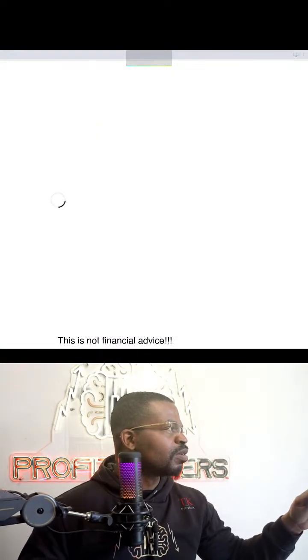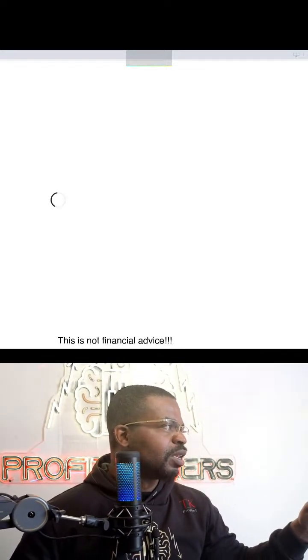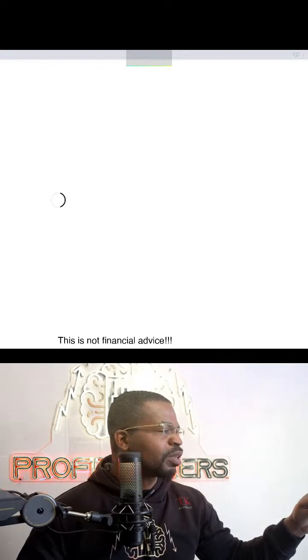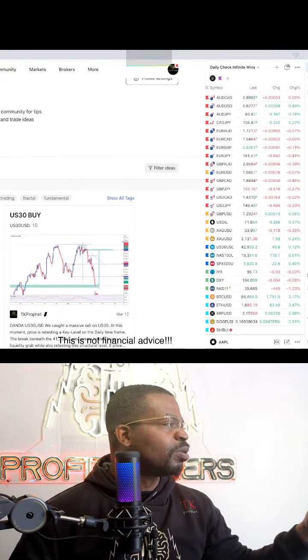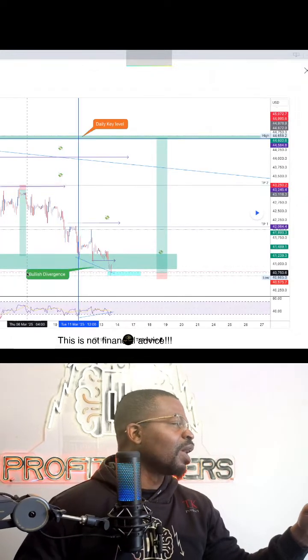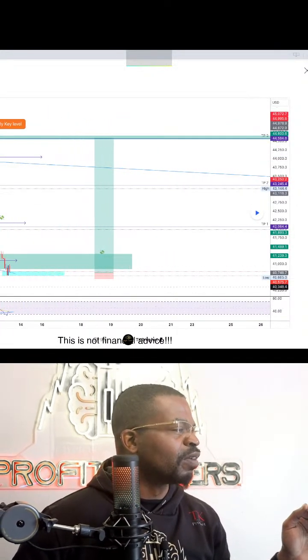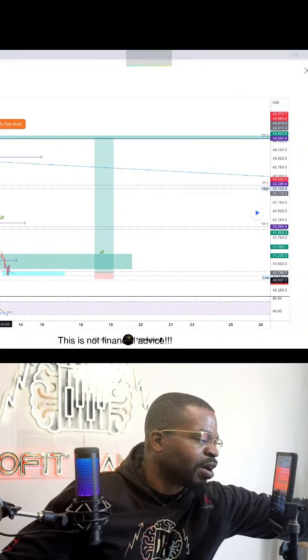So check out this buy. I normally don't have time to post all of these trade setups while we're taking them, but this particular one, we actually posted it. So right at the lows on US 30, we saw bullish divergence. A couple things came together. That's our entry on that buy.